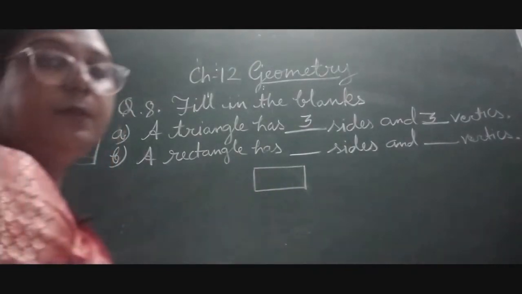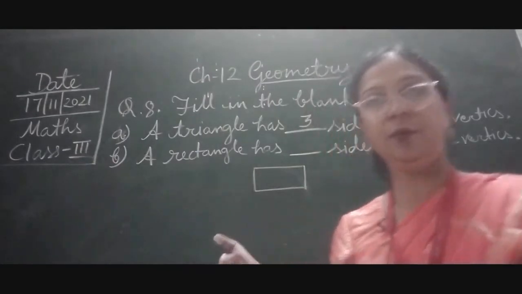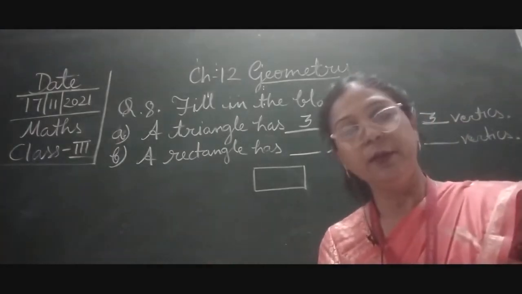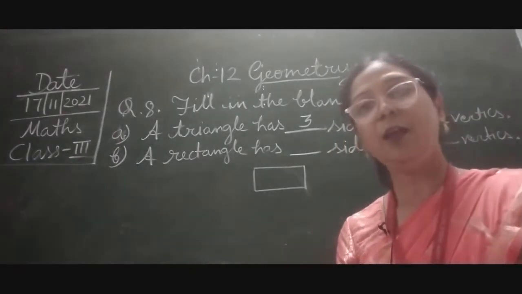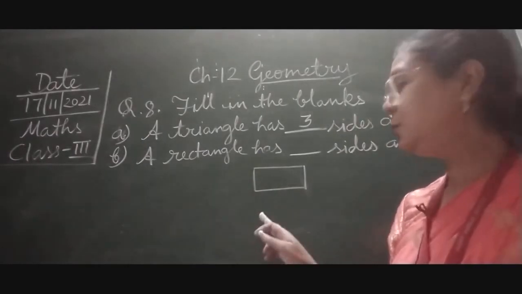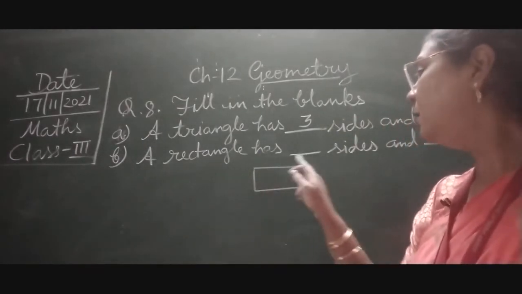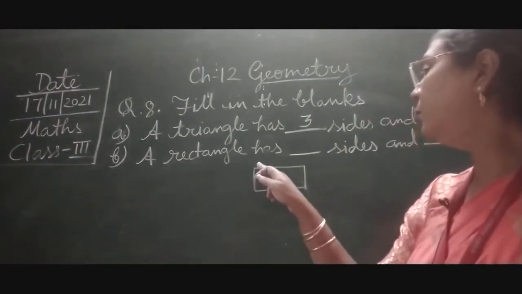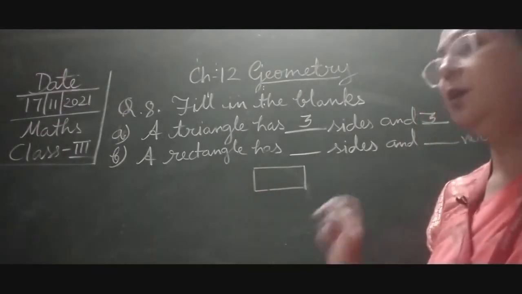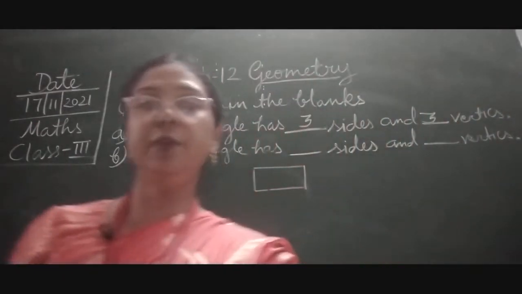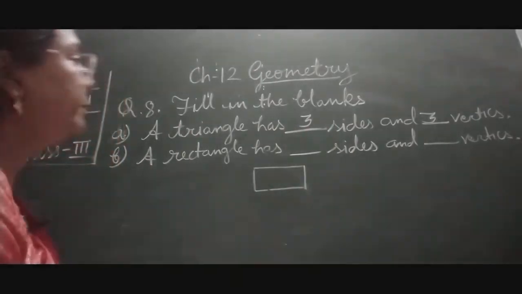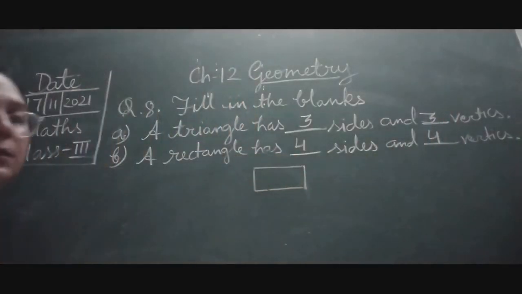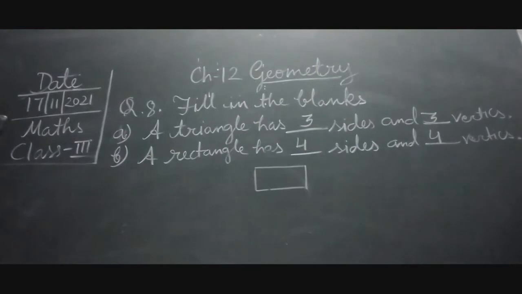You can see children, there are 4 sides, 1, 2, 3, 4, and opposite sides of the rectangle are equal. Okay, so this is the rectangle shape. And how many vertex are there? You can see there are 4 vertex, 1, 2, 3, 4. So the answer of this question is 4 sides and 4 vertex. Okay. So completed children.